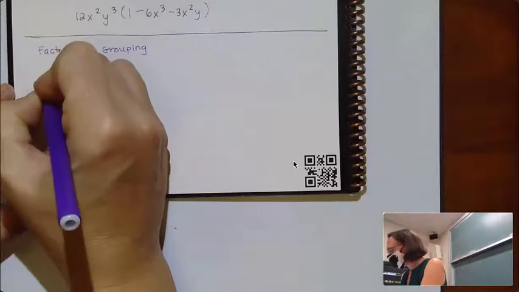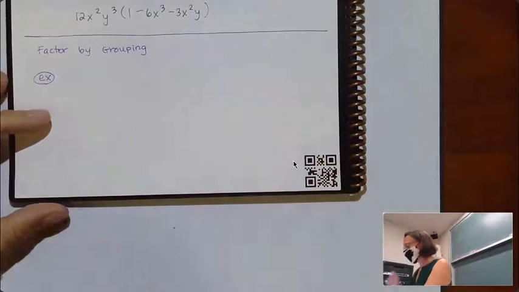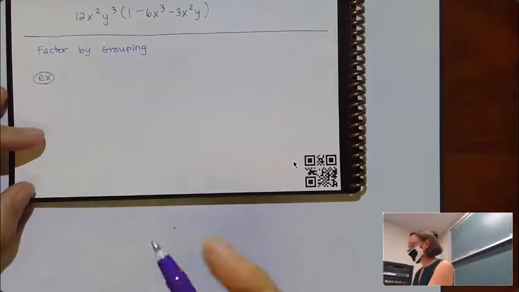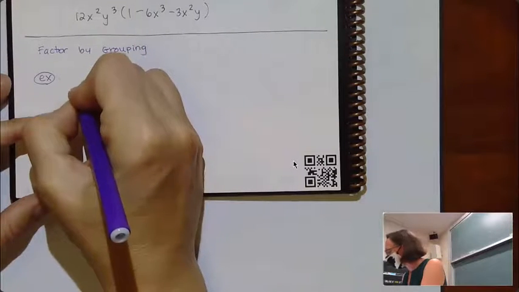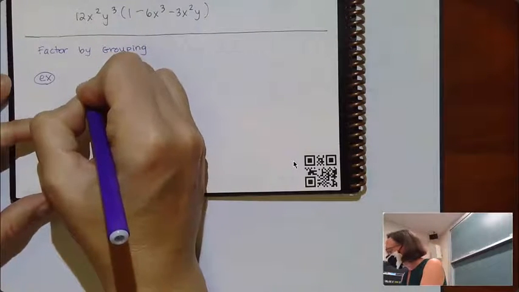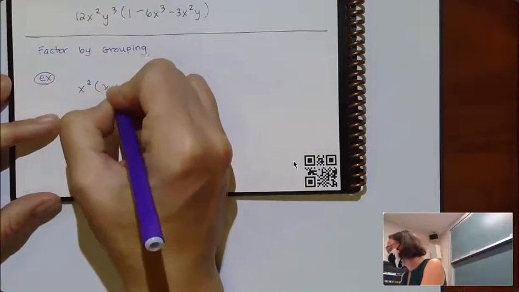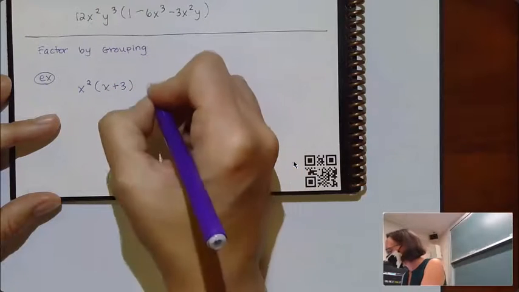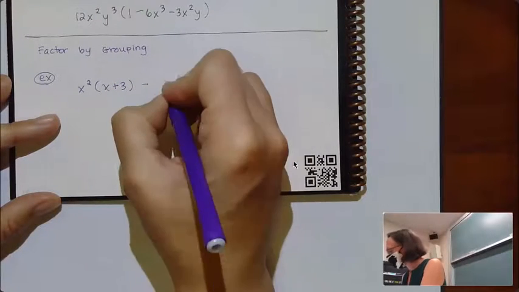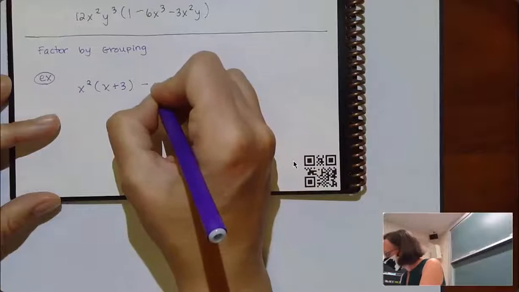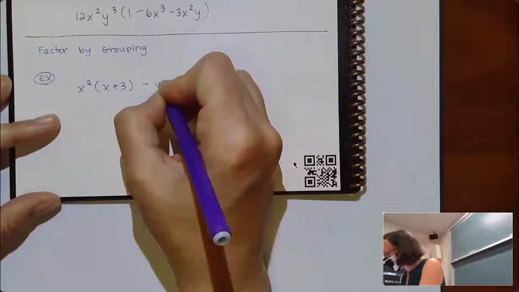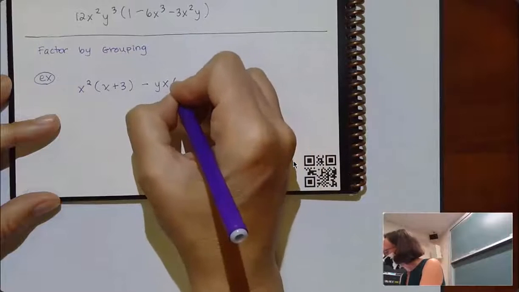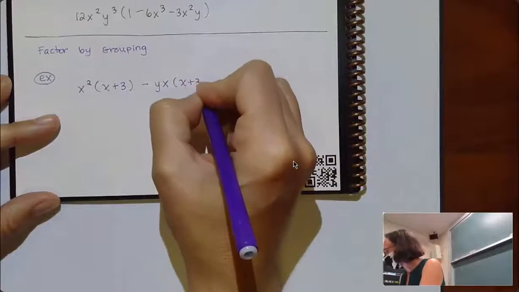So if I started with something that kind of looked like it was already factored, maybe I've got x squared times, in parentheses, x plus 3, minus y times x times x plus 3.